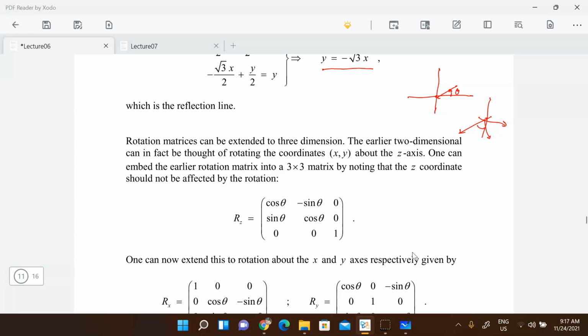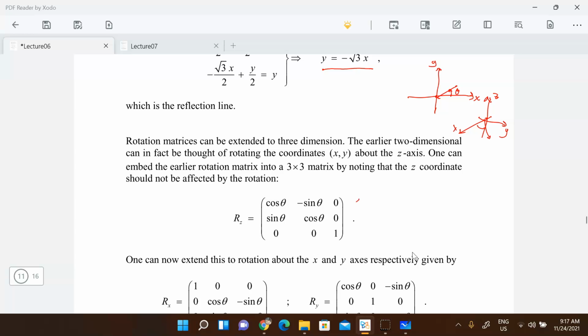Okay, so in other words, the 3-dimensional rotation, the 2-dimensional rotation here, this is x and y here, when you think of it as a 3-dimensional rotation, in this particular picture here, this is the z-axis, then it will have this particular 3 by 3 matrix form with your z part not transformed.